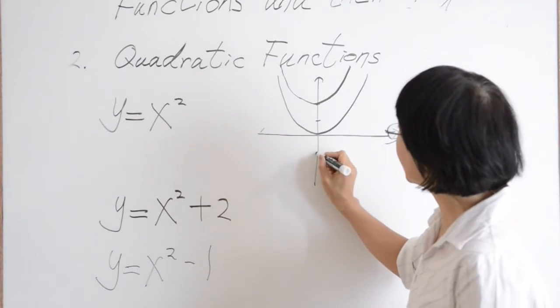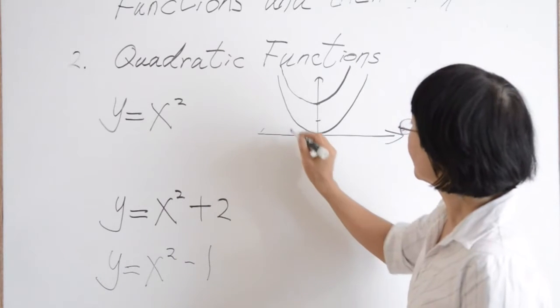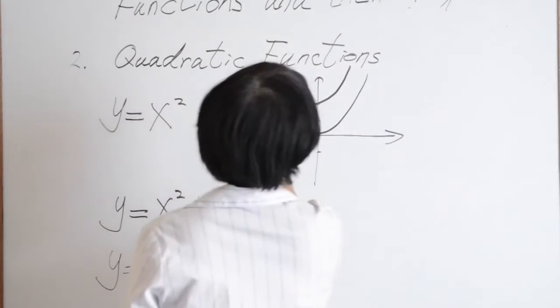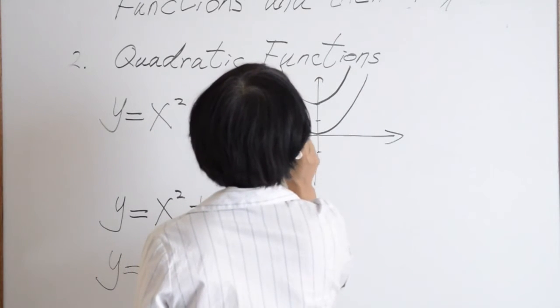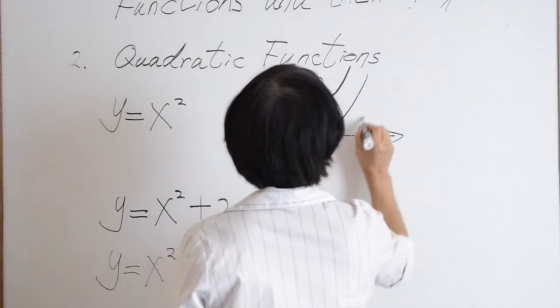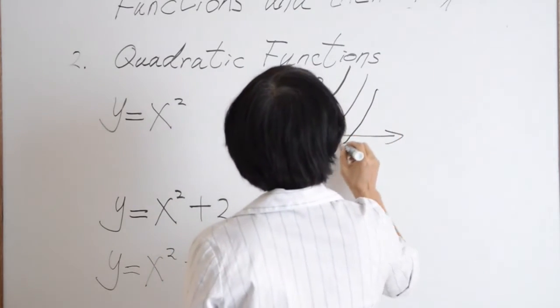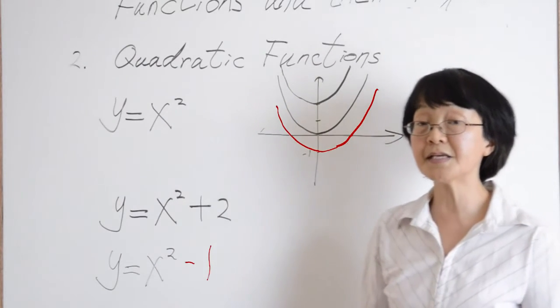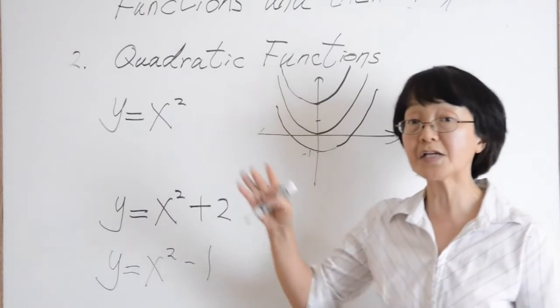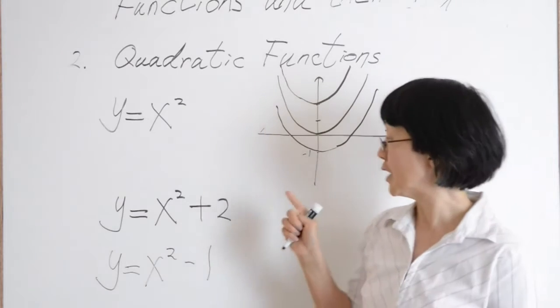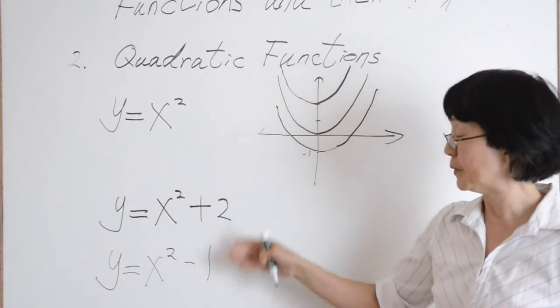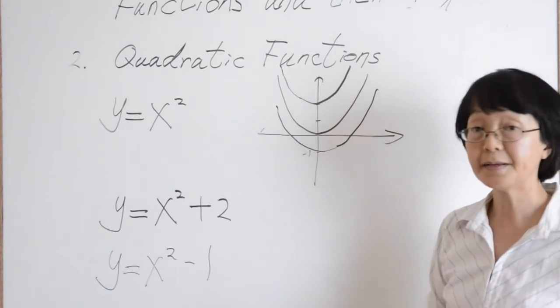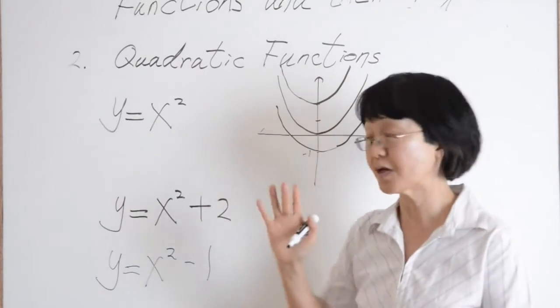So with -1 here, your new graph will look like this. In the SAT math test, they have questions asking you to identify which graph is which. So this is how you know it's moving up and down. Now I'm going to show you moving horizontally.